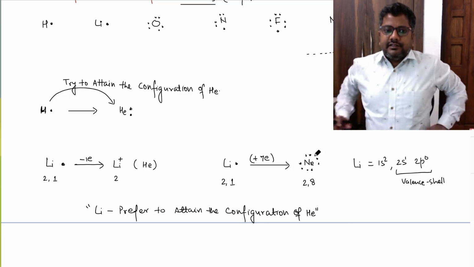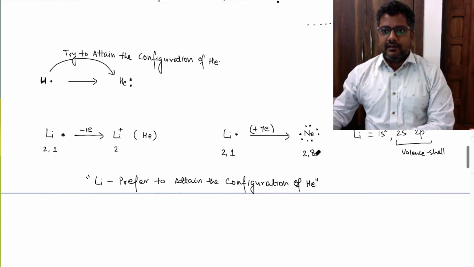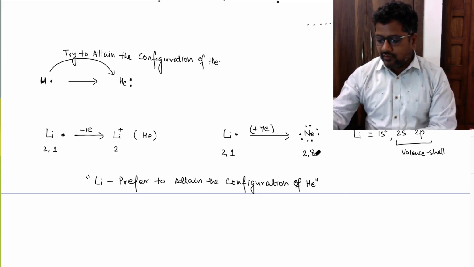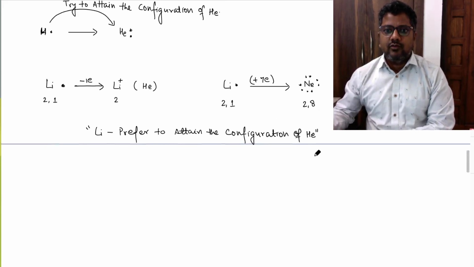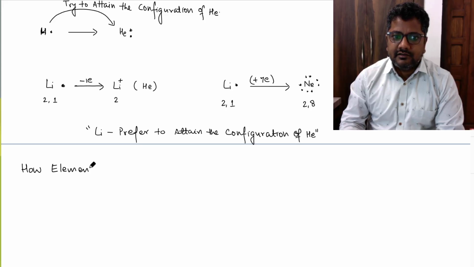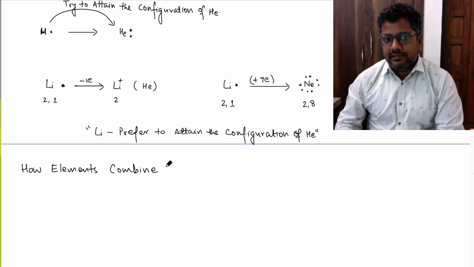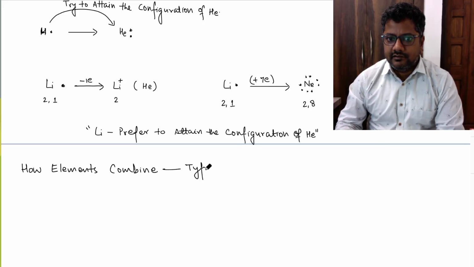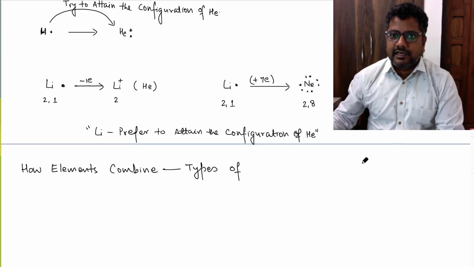So this is the electronic theory of why elements combine. Now come to the next point: how do elements combine? Now we have to answer the next question, how elements combine, and we can say types of chemical bonds.